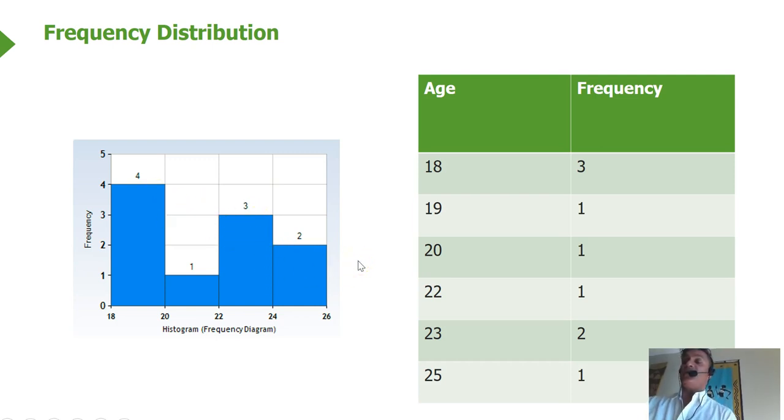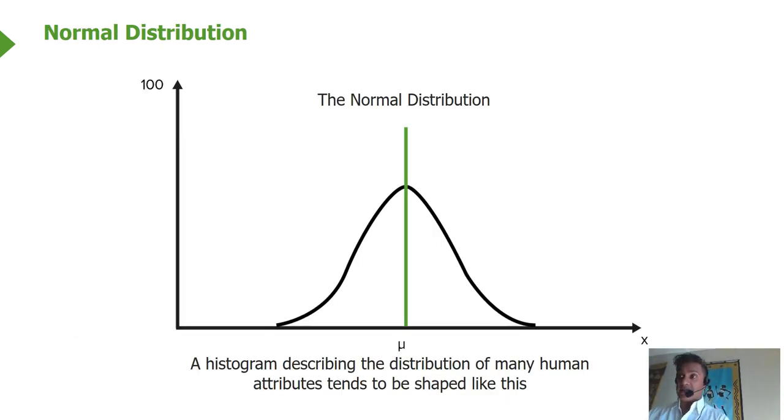That's a frequency distribution. The most common frequency distribution, or the most important one that we refer to in statistics, is the normal distribution. And the normal distribution shows us the number of people that have certain characteristics. Let's say this is IQ. Most people will have this IQ. Let's say it's 100, and that is the mean.